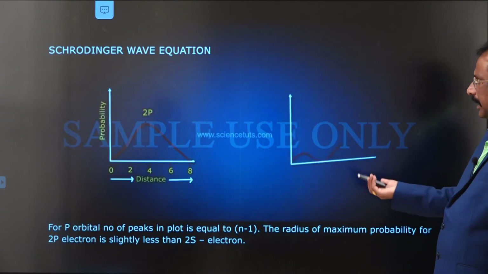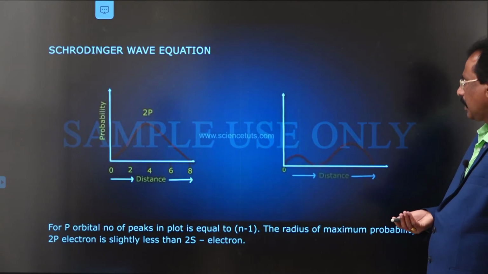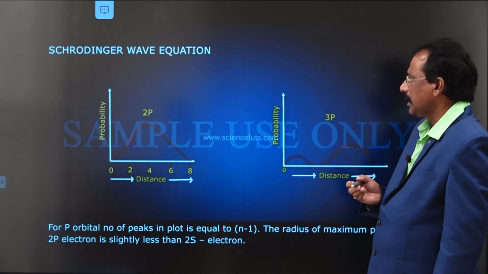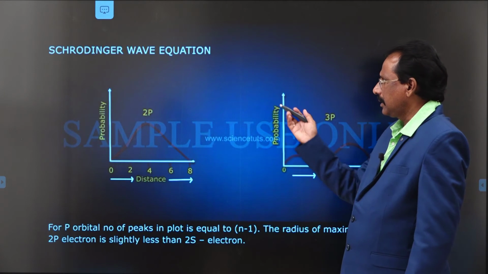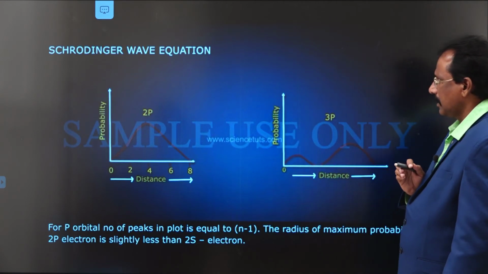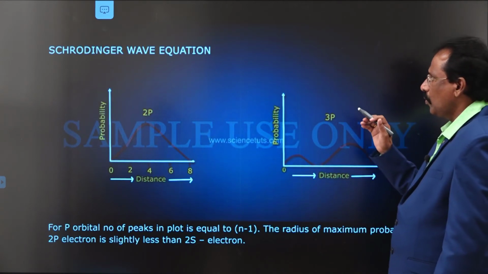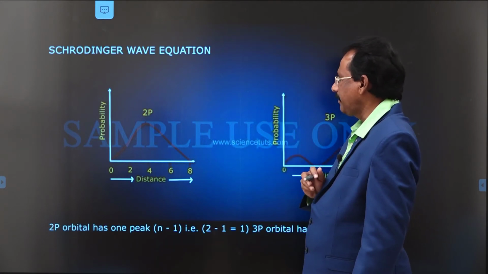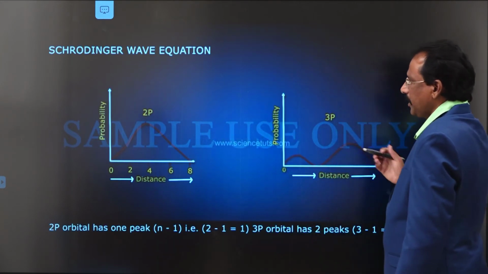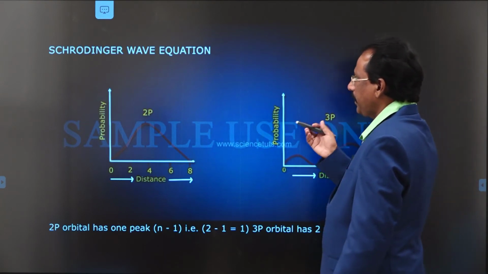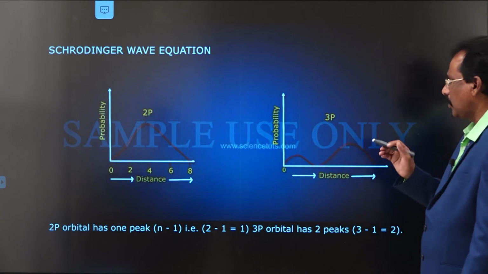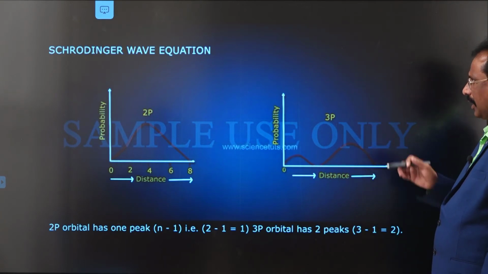So in this, for 2p orbital, the number of peaks is n minus 1. For s orbital, the number of peaks is equal to the principal quantum number. For p orbital, the formula is n minus 1. That's why for 2p there is only one peak.